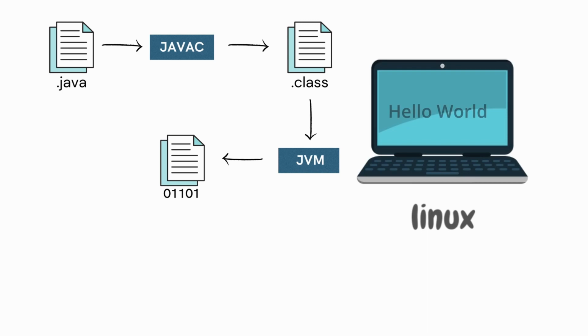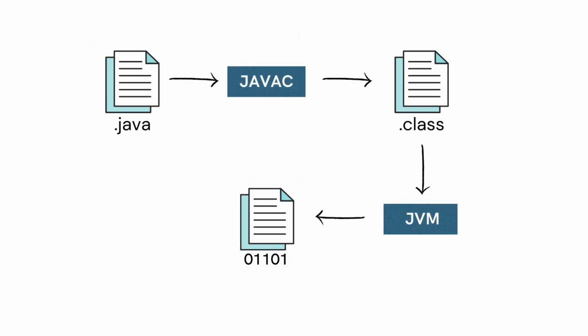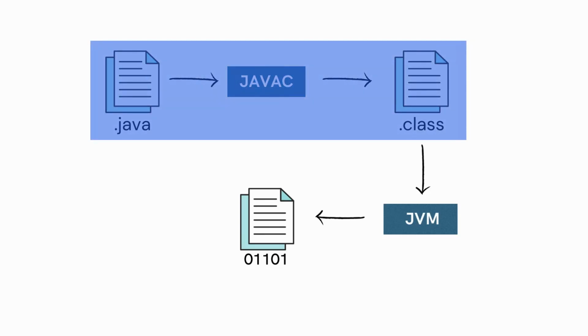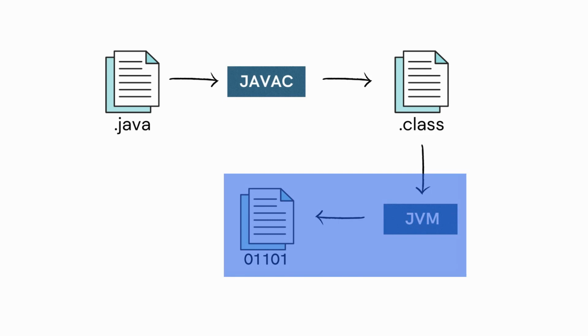It will run as smoothly as it did here on Windows. First, the Java code gets compiled to the bytecode and then it gets interpreted to native machine code by the JVM.